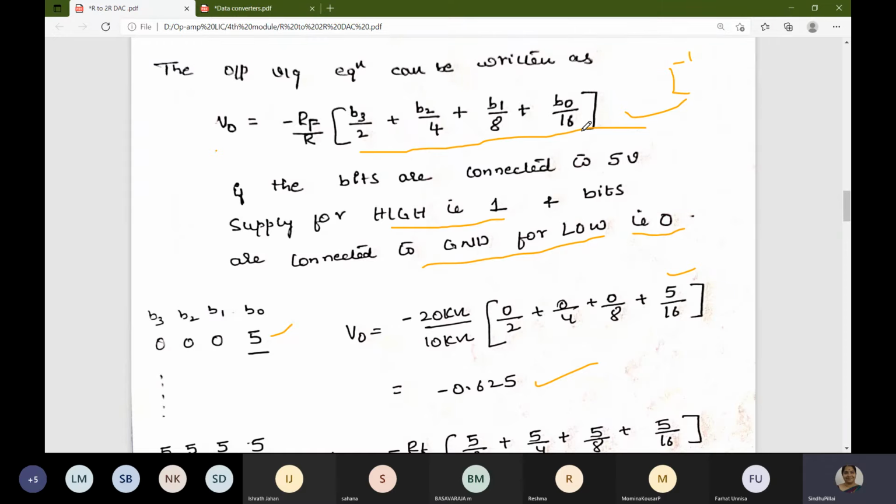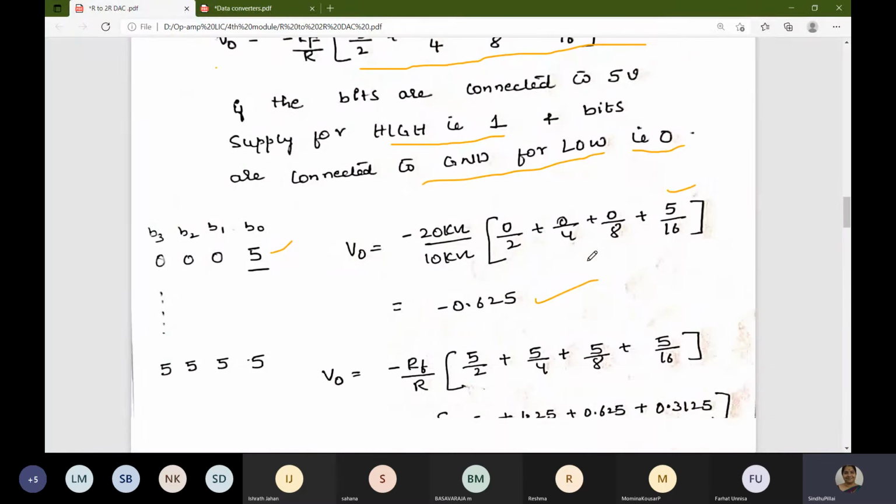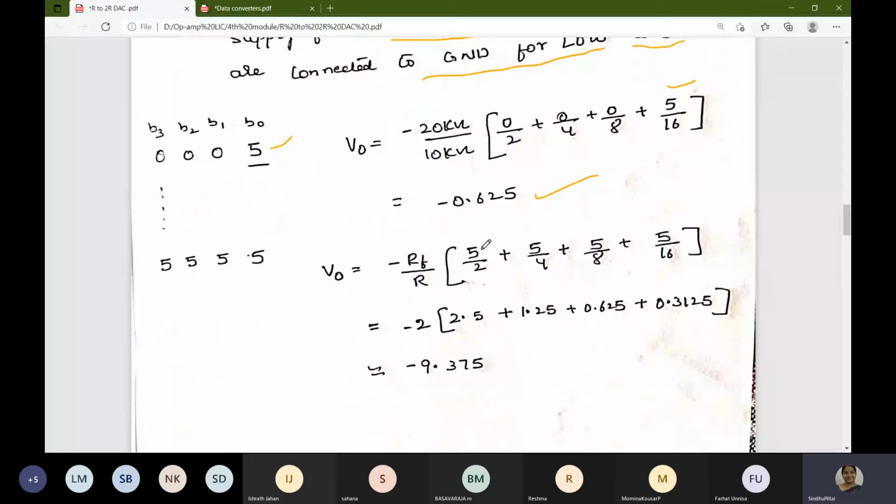You can take it as 1 also, or as 5 volts also, but better go with 5 volts only. So when I substitute everything as 5 and calculate, you will get the analog form of it. The digital input in the form of bits is converted to the analog voltage. Since it is connected to an inverting terminal, we have this negative sign.